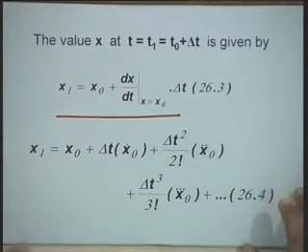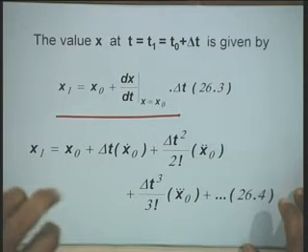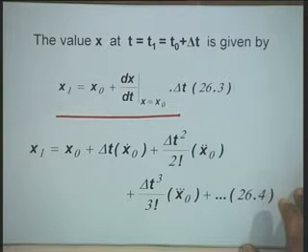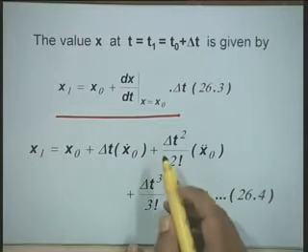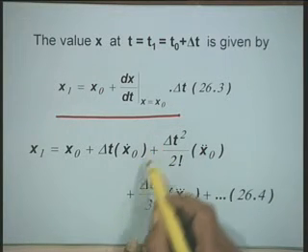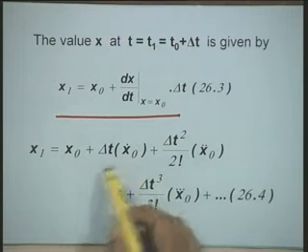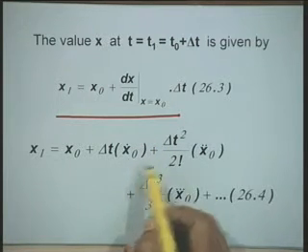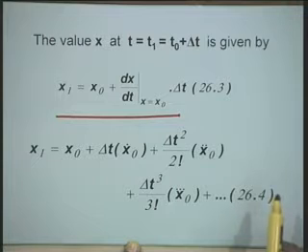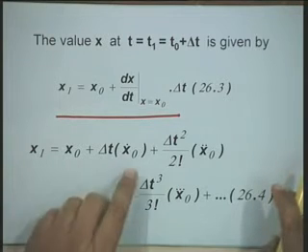That is, if we take any function and expand it at the initial operating condition using Taylor series expansion, then x1, that is the new value at time t equal to t1, can be obtained by this series. Effectively we are truncating this Taylor series by considering only the first order derivative. These higher order terms we are neglecting.